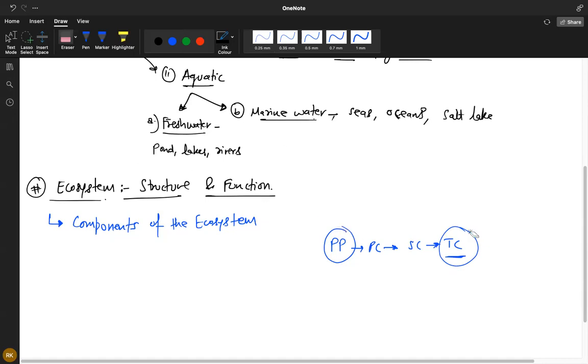Earth is limited, right? Earth is not unlimited. So there has to be a way by which things come back from multiple levels to primary producers, which happen to be plants and all photosynthetic organisms, so that this can again continue.